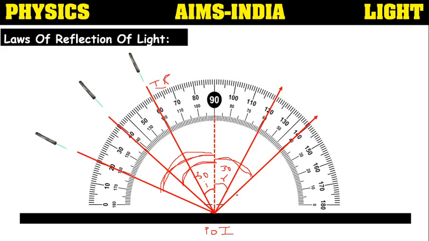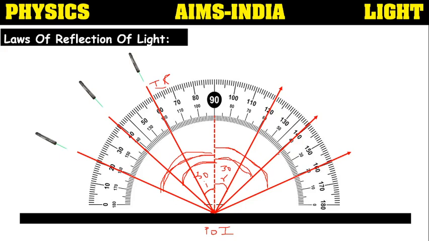How will it be reflected? Through 160 degrees along this line. This is the angle of reflection. In the third case, the angle of reflection, from 90 to 160, is 70 degrees. So in the third case also, the angle of incidence is 70 and the angle of reflection is 70.